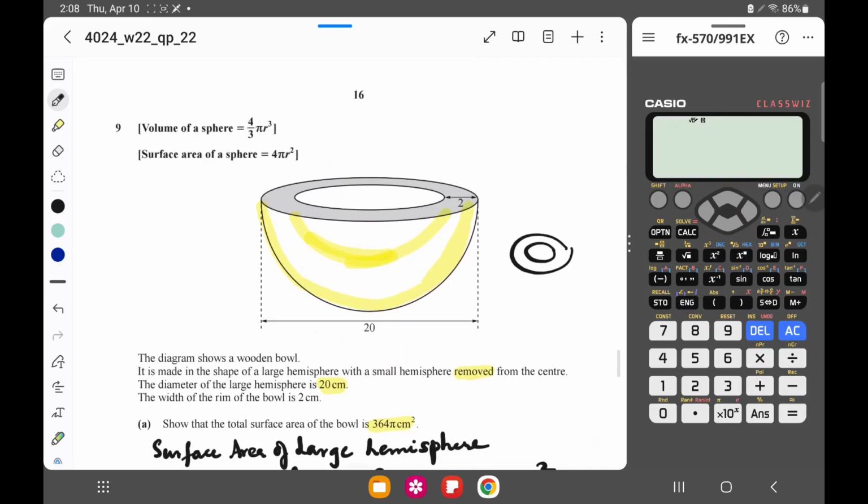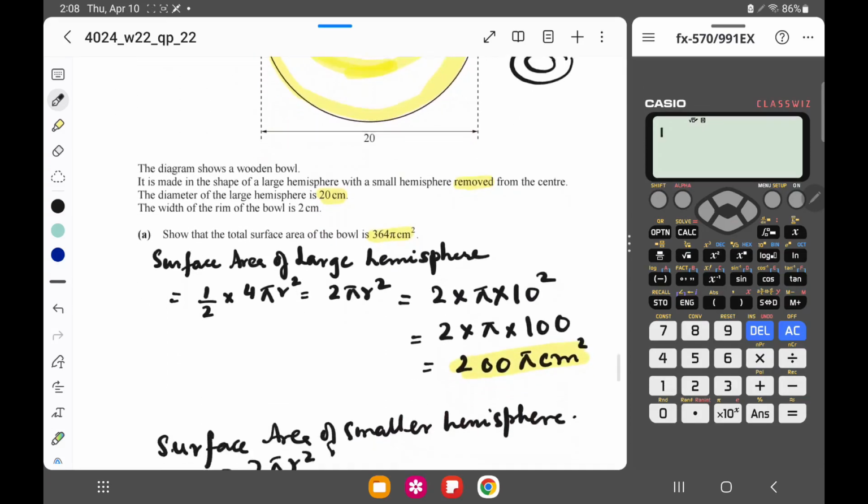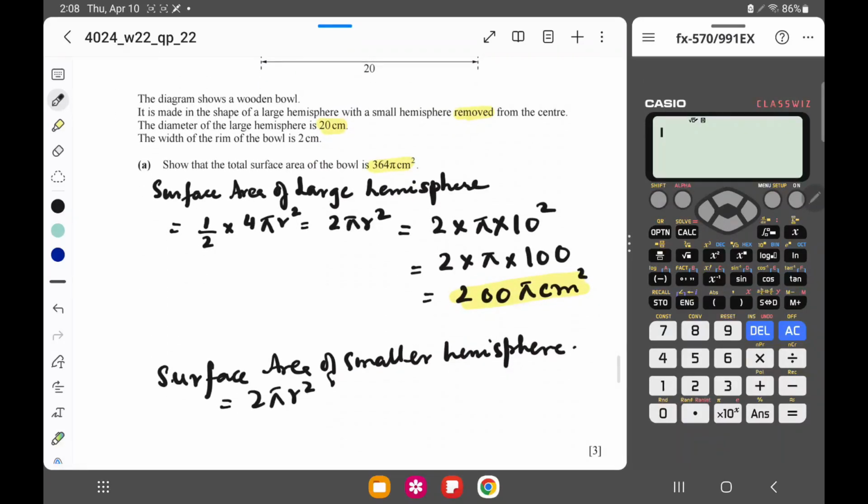In the question the width is 2, so it's 2 on each side. From the whole 20 centimeters, we don't want this 2 and 2, which means 4. So the diameter is equal to 20 minus 4, which is 16 centimeters. So the radius will be 8 centimeters.